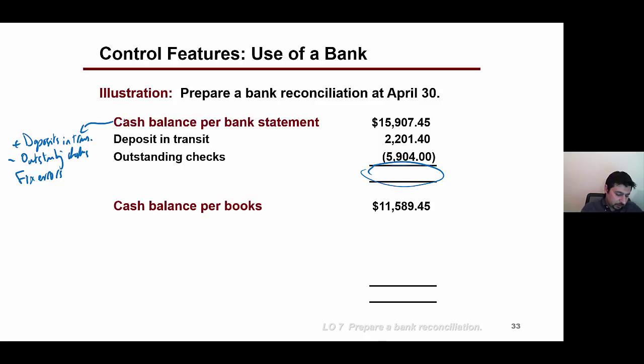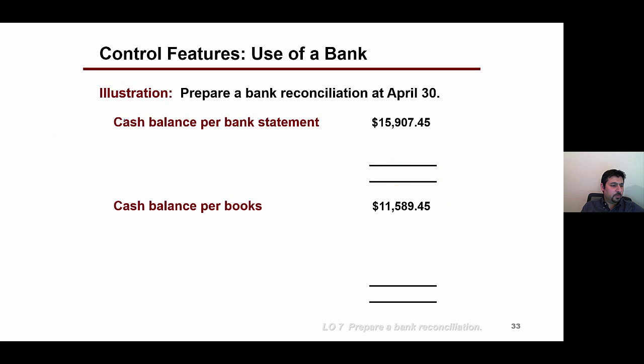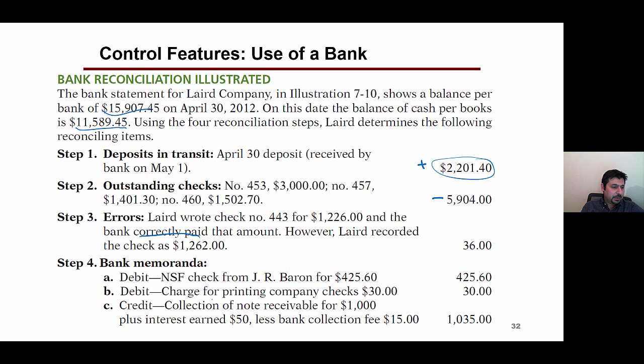Now, at the same time, let's do the cash balance per books. We started with the unadjusted balance. We need to fix the errors. The error here was for the amount of $36. The company had recorded the payment as $1,262.